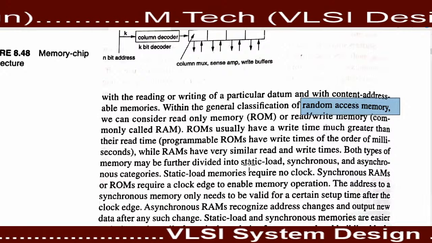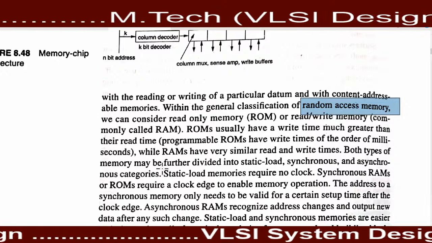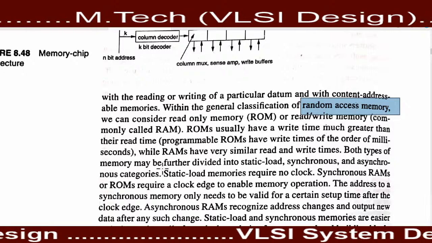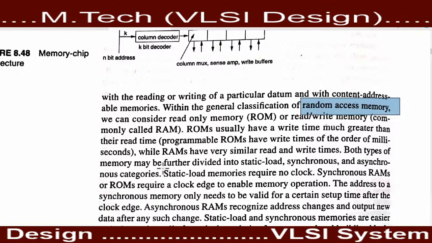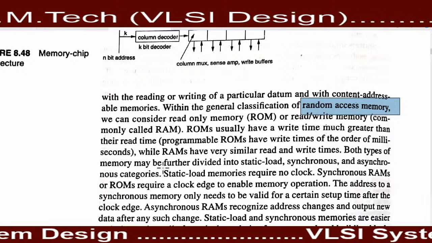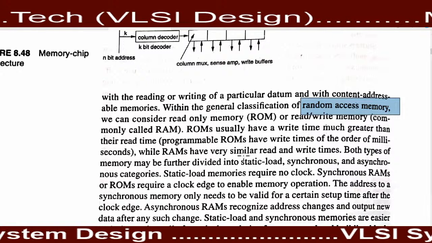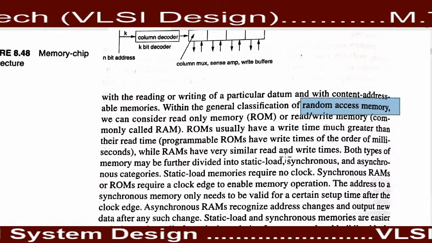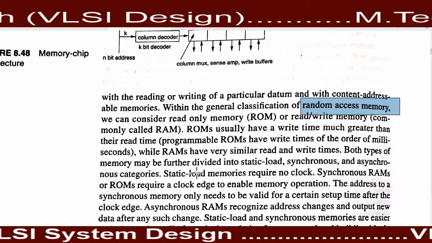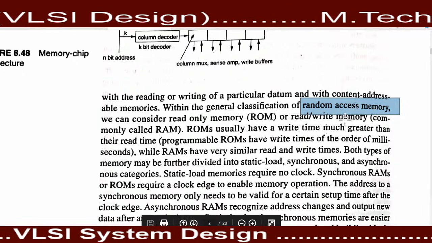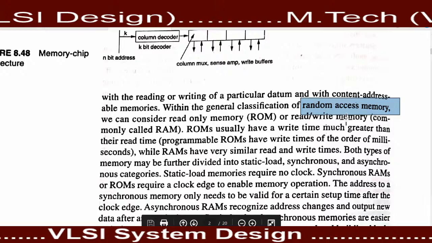Okay, so these are the basic types of random access memory. One is static and another one is dynamic. We can also divide random access memory into other types, such as synchronous and asynchronous, on the basis of the clock pulses that we provide to the memory to access the data.